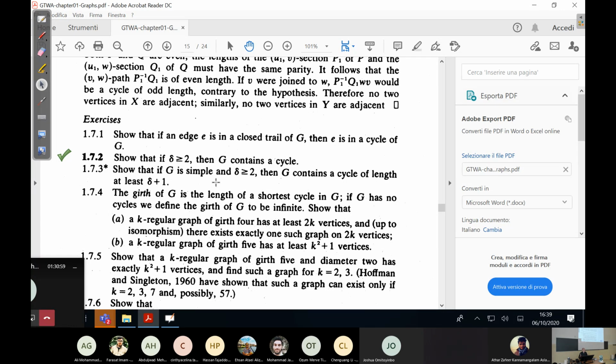Why? Because our graph is finite. All our graphs are finite. There is a big branch of graph theory dealing with infinite graphs. This is not the goal of this course and of this book.